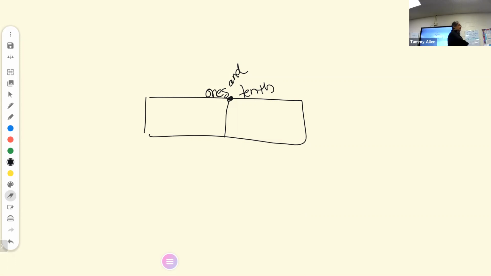With your number tiles, build 4 and 5 tenths. Do it quickly. Have it on your desk so I can check it real quick. 4 and 5 tenths.